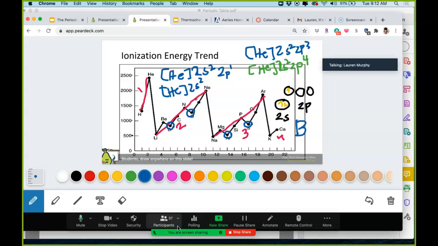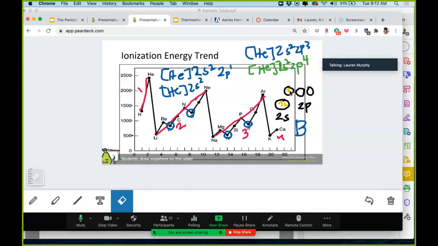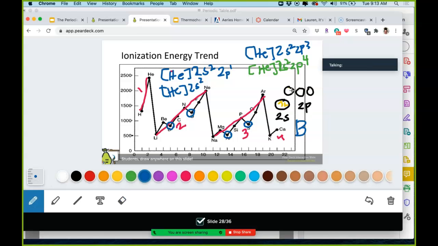So I'll tell you this one, and maybe you'll be able to guess the next one. Beryllium looks like this. It has a full shell right here. We know that full shells and half full shells are fairly stable, right? So it really does not want to give you an electron. But boron has this one lone electron in the 2p orbital, which is shielded or blocked by the 2s orbital.